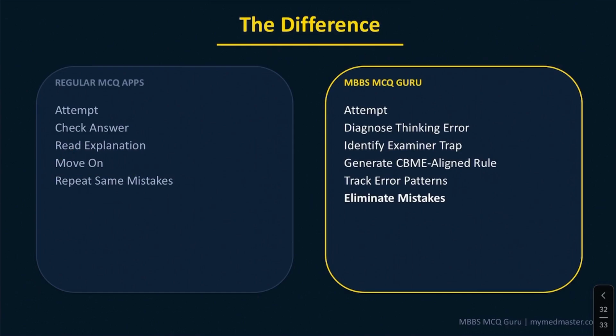But on the other hand, this MBBS MCQ Guru, after you attempt the question, will diagnose your thinking errors. It will identify which examiner traps you are falling into. It will generate a CBME-aligned rulebook for your particular problems. It will track the error patterns and it will help you to eliminate mistakes.